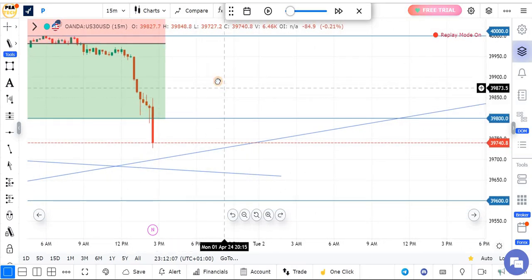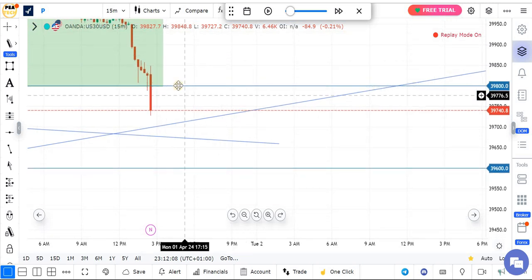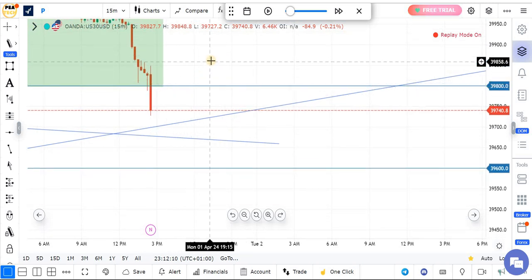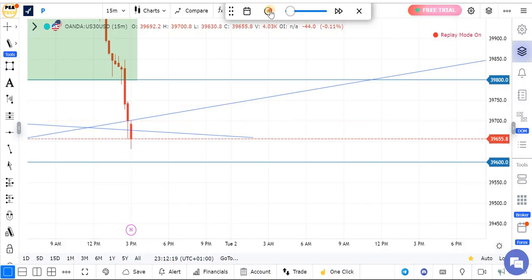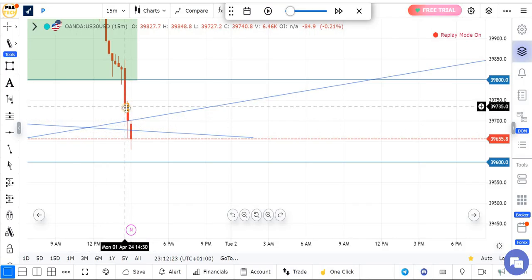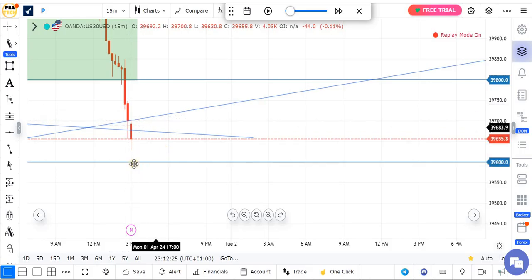So the next thing, now that this psychological level has been reached, remember we have a trend line here. So we are going to observe what will happen if the trend line is going to get rejected. The first time it got to the trend line, it got rejected, but it pushed its way down. And this is the next psychological level.